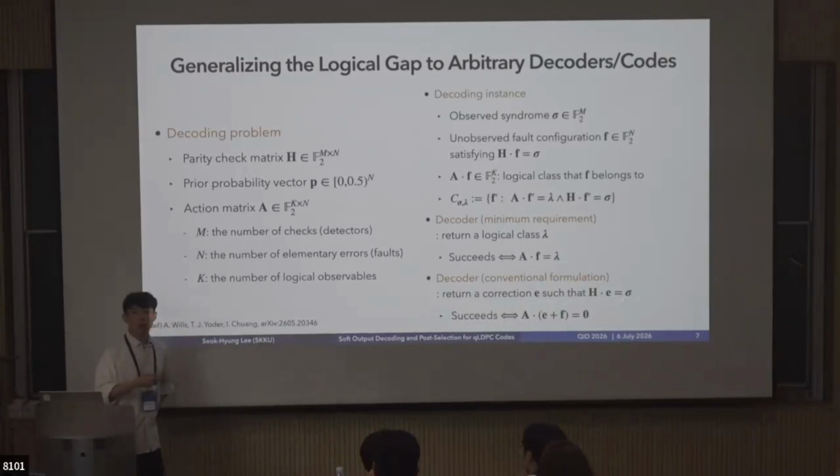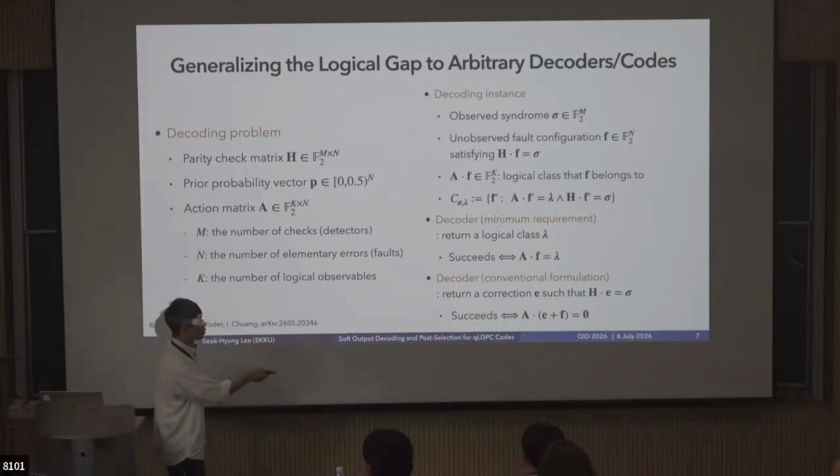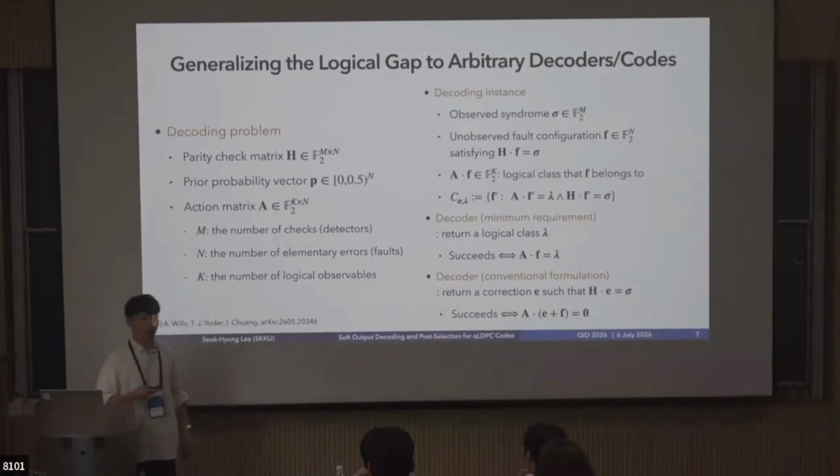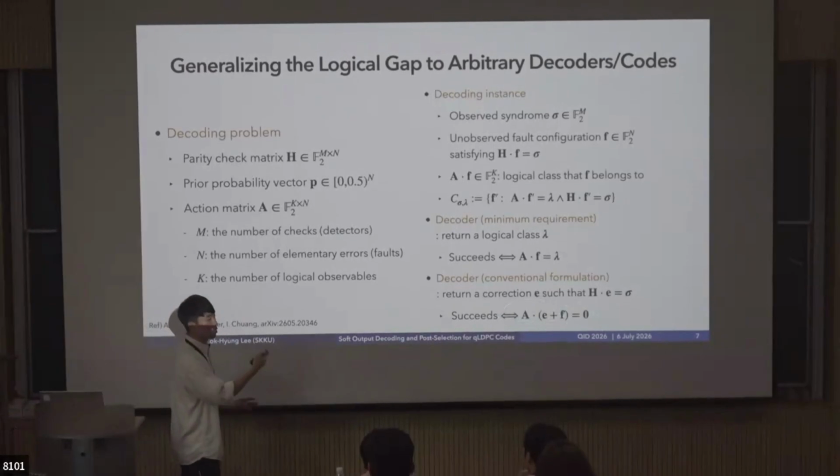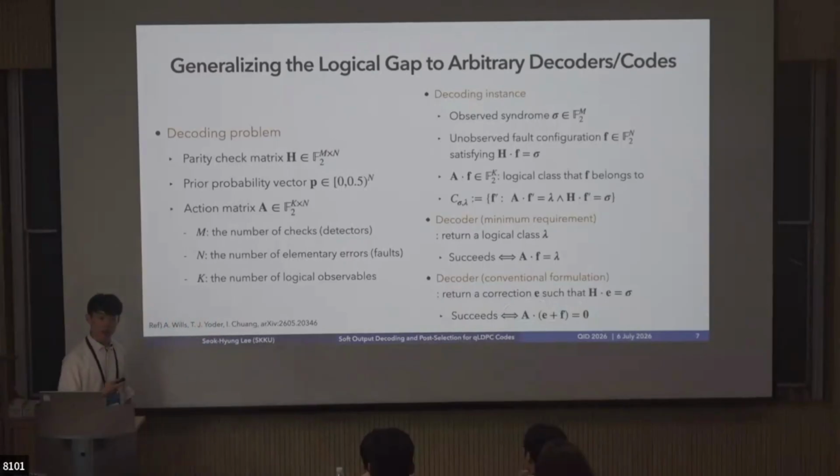And we say the decoder succeeds if and only if the logical action by the residual error is zero. The error F already occurs, and we additionally apply the correction E, then we call E plus F the residual error. If the logical action of the residual error is 0, then the decoder succeeds. And you can easily see that this satisfies the earlier condition.